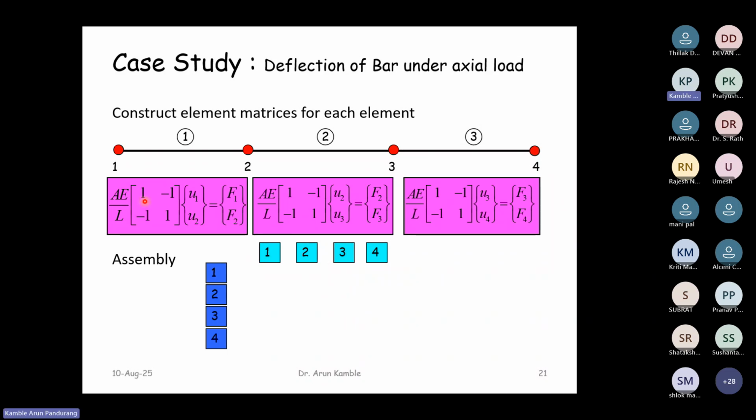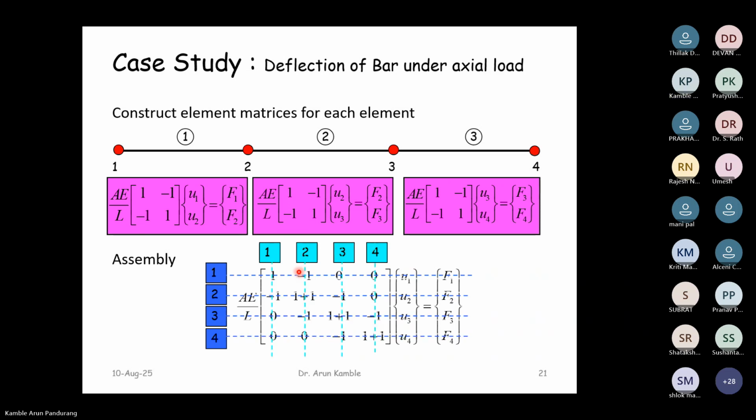You have to write the element values to the respective places. Here, this is a 2 by 2 matrix corresponding to node numbers 1 and 2.